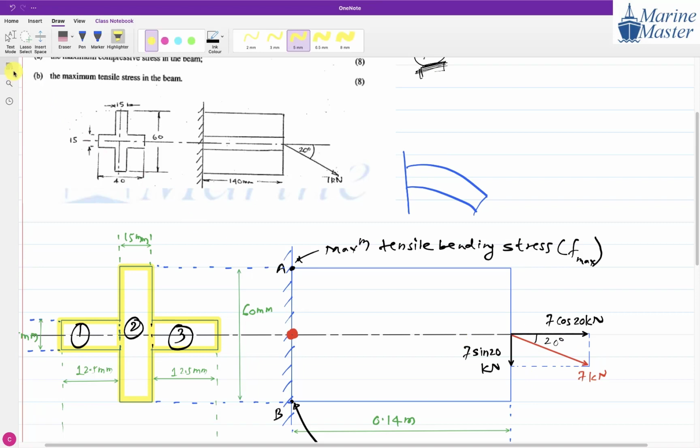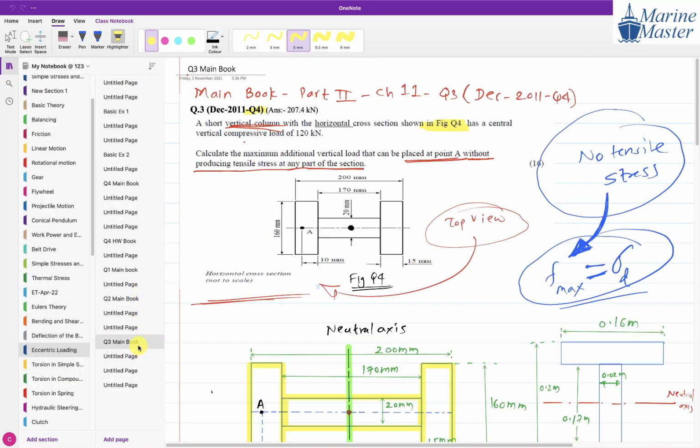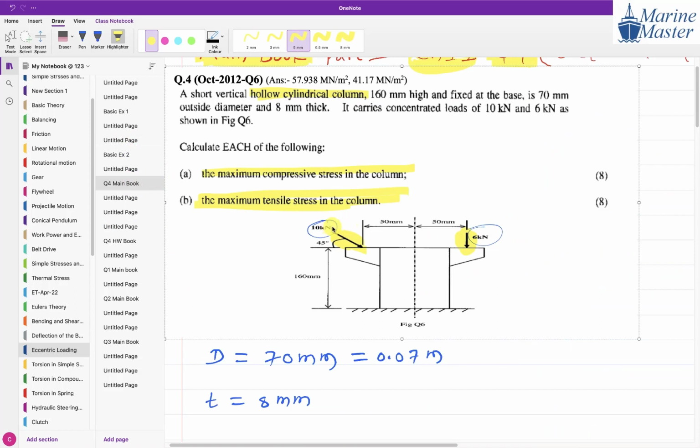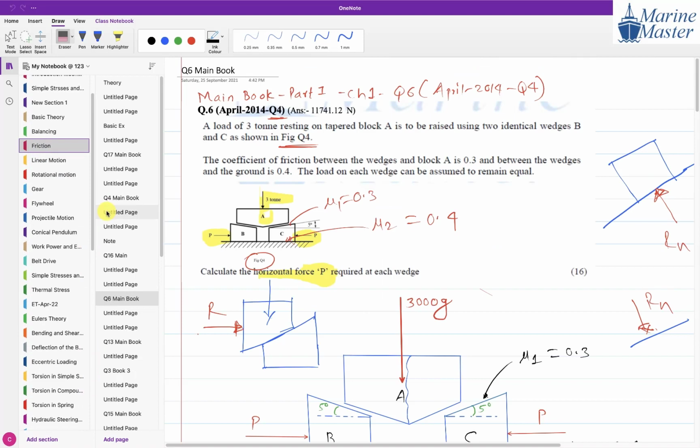There is another numerical, one more numerical. The other numericals are homework for you. You got the meaning of inward and outward. Remember this. I will take one more numerical from the chapter of friction.